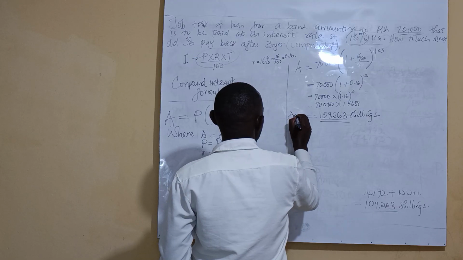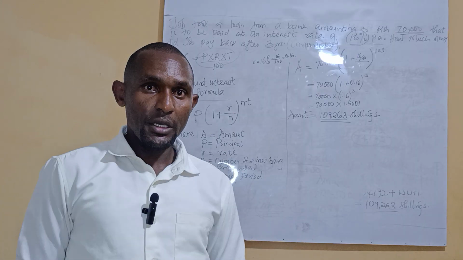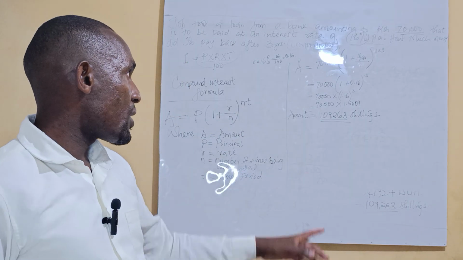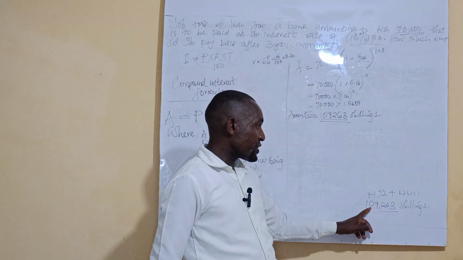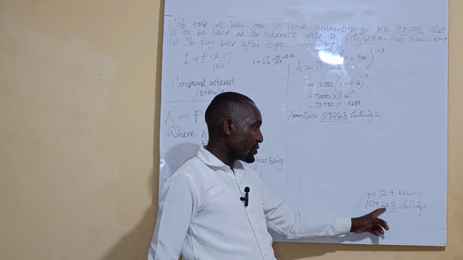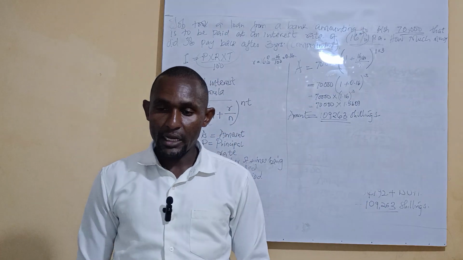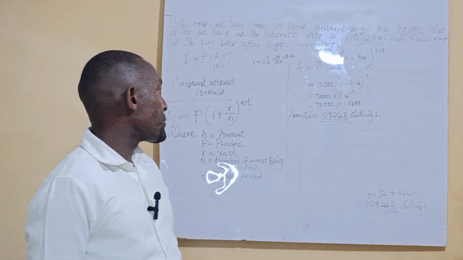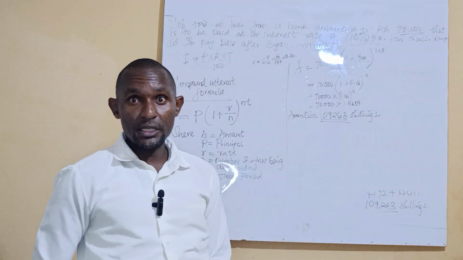Remember that this one is the amount. It is giving me 109,263. If you look at the final answer that we had here, 109,263, it is the same answer that we have gotten after calculating using the compound interest formula.